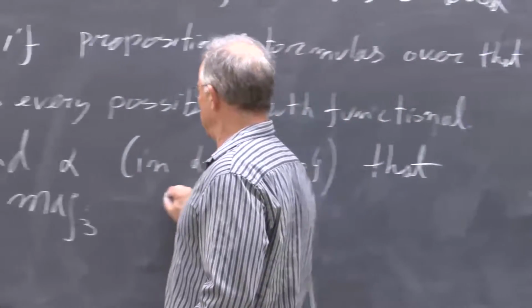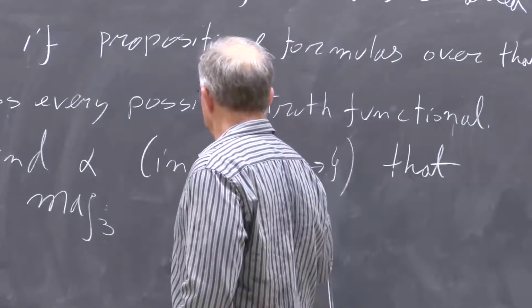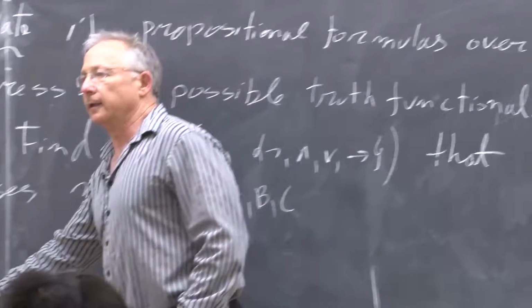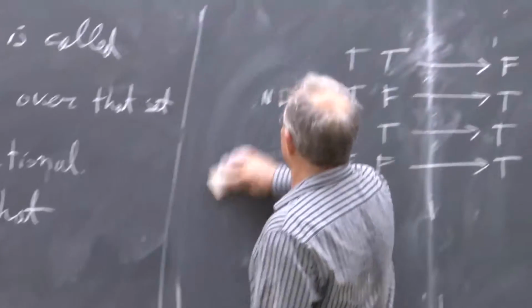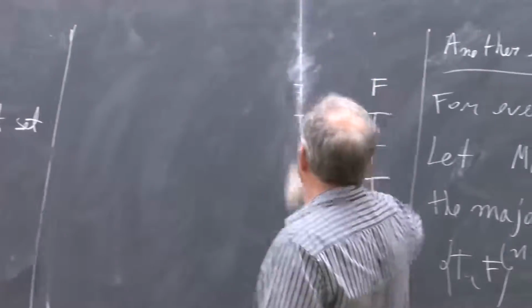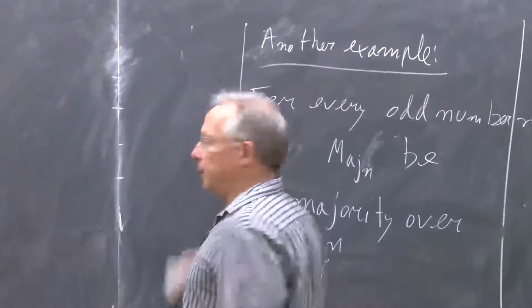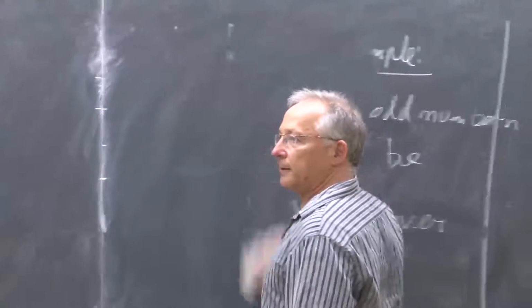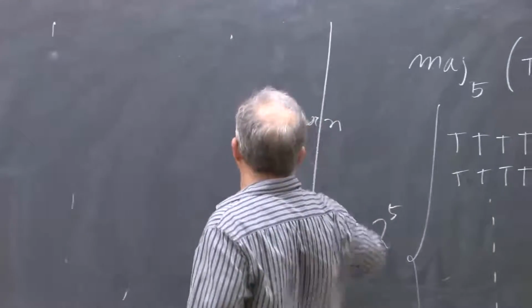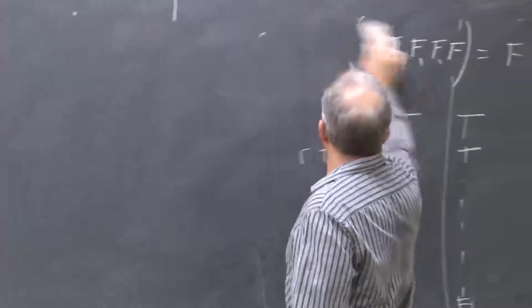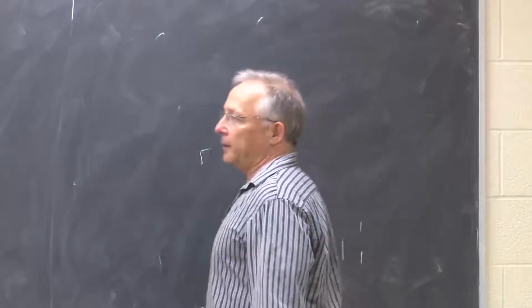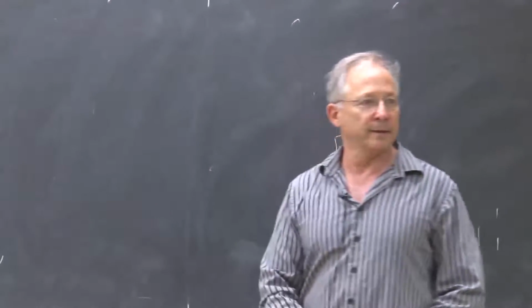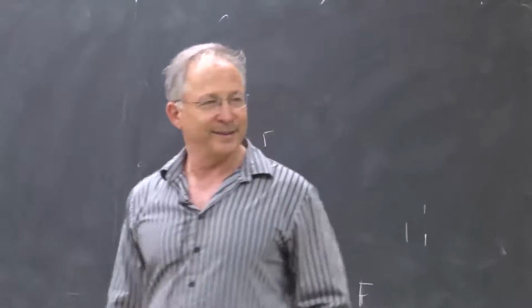Say you have A, B, C, that's your variables. How can we write a formula that will be equivalent to the majority over those three variables? Anybody has an idea? Yes. A and B or A and C or B and C. Right.